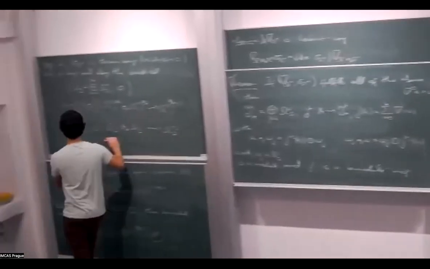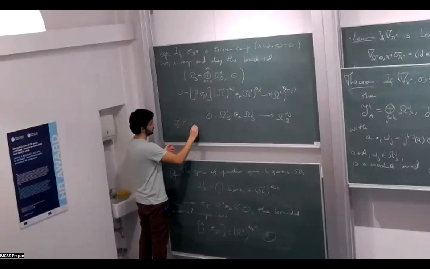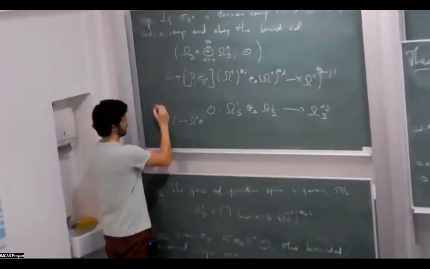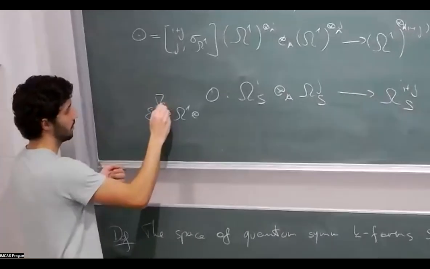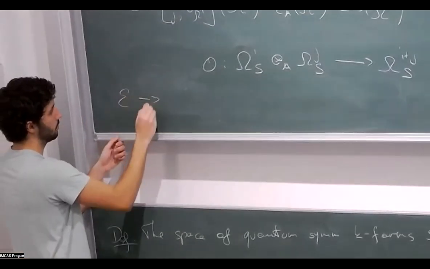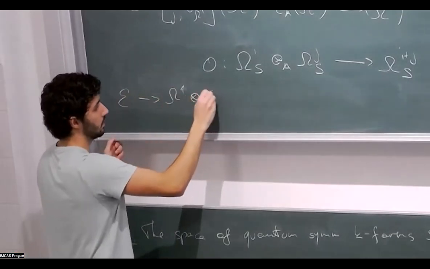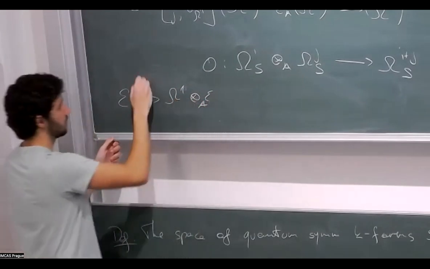So if this is flat, or let me write it like this. Wait, sorry. So if we can build a complex that goes from a module E to just omega-1 tensor E using the connection.